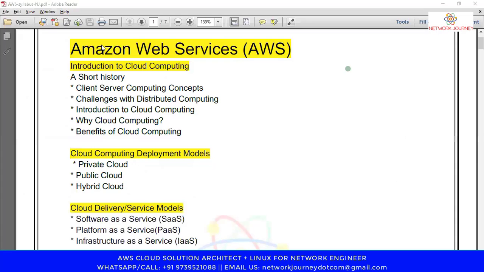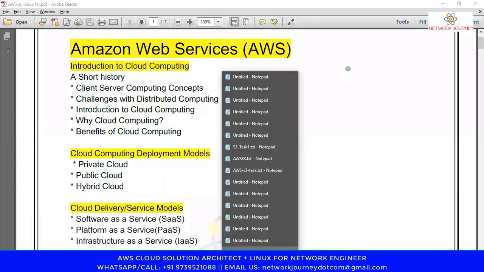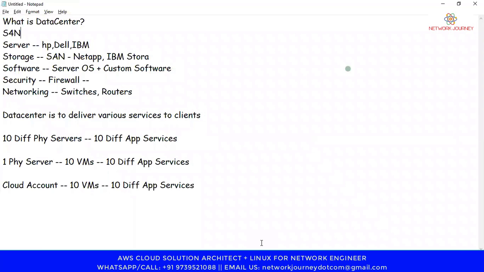So now see, friends, this is what I said about why we need the cloud. When you go with the cloud, it is very low maintenance. Because of this low maintenance only, we are moving into the cloud. The main key advantage of the cloud is very low maintenance, because we don't need to have many physical servers.